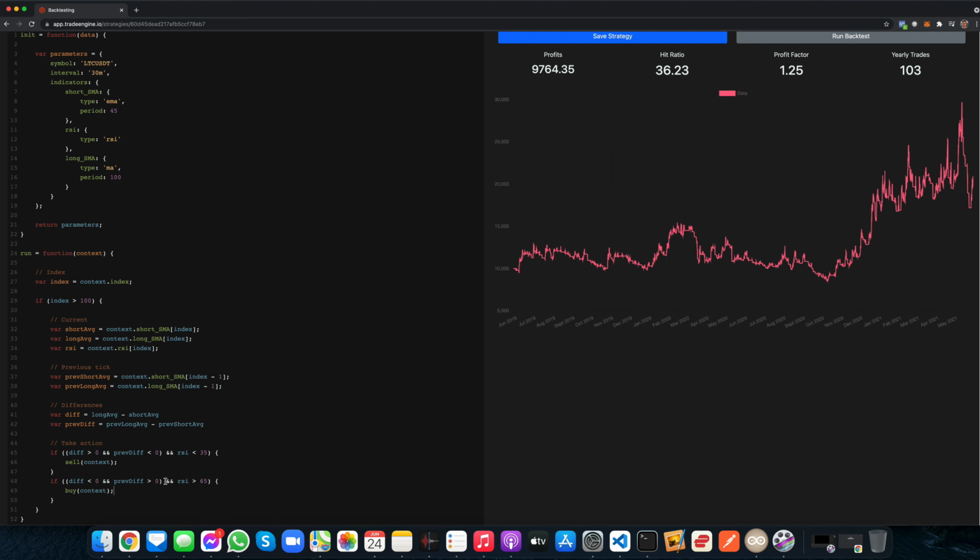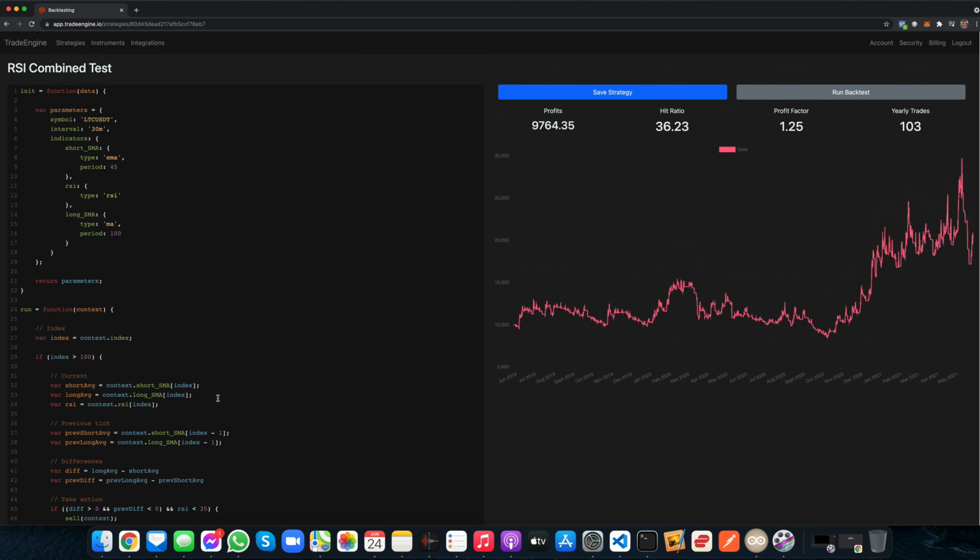So we just added some pieces of code to this strategy. We really combine two signals to make the trading decisions. So let's see if that actually improves anything. Let's save the strategy, and now I will run the backtest again.